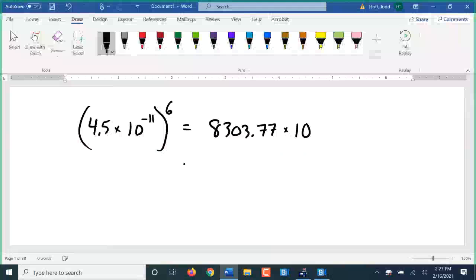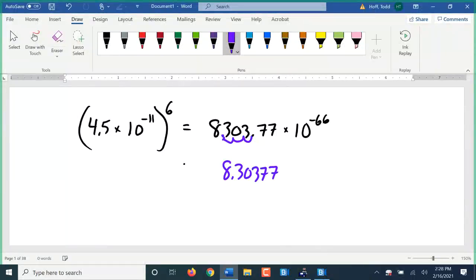Times 10 to the power of, well, we do the negative 11 times 6, which is a negative 66. Now here, the decimal point has to move several places. We have 4 digits in front of the decimal point. We're only allowed that 1. So we move it over 1, 2, 3 spots. That's 8.30377.